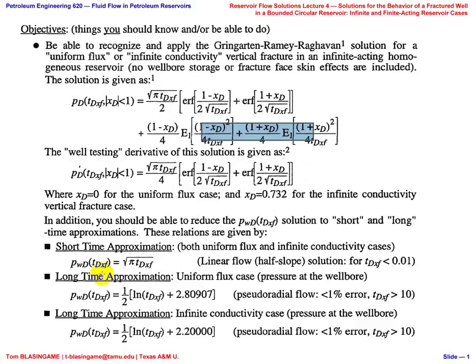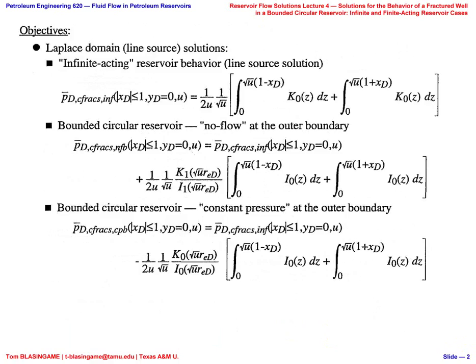And then the long time approximation, these arguments are 0, so that's 0 plus 0 multiplied by that, and then we get these. So for the uniform flux case, you have that, and for the infinite conductivity case, you have that. And this is less than 1% error for t_DxF, which is the dimensionless time on fracture half length, greater than 10.